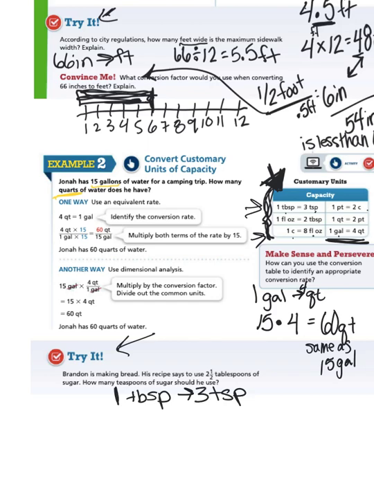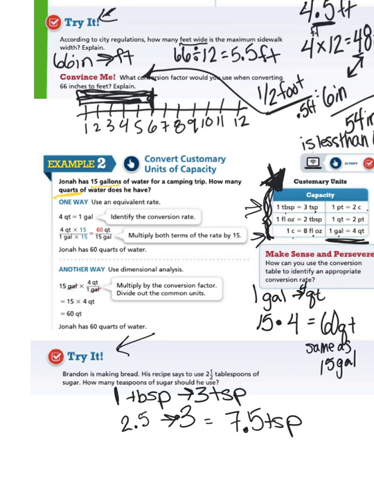So if he has 2.5 tablespoons, how many teaspoons is that? That's right, you have to multiply by 3. So 2.5 times 3 would be 7.5 teaspoons.